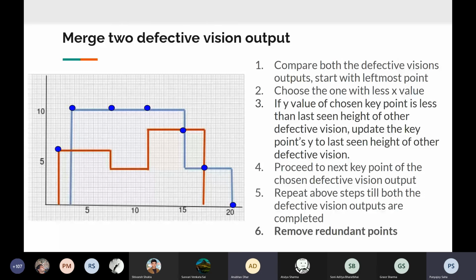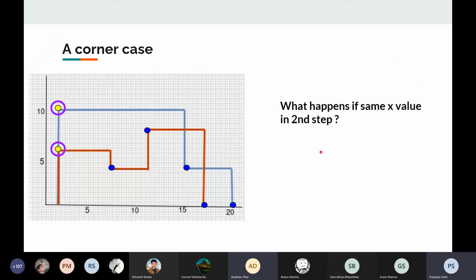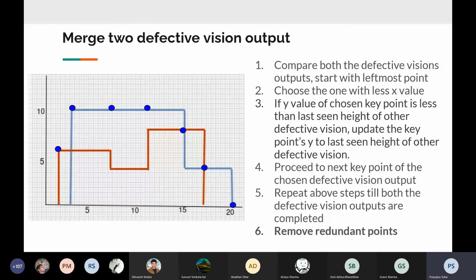Okay, sir. So we add the topmost y to our list, is that the case? Sorry, I think it is wrong here. No, sorry, I think it was the second step.